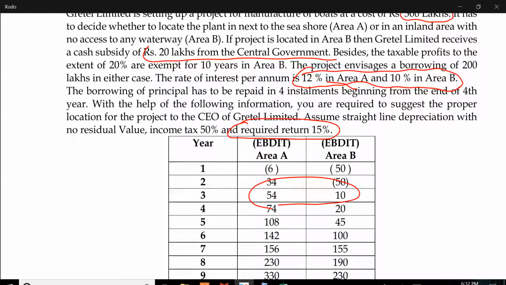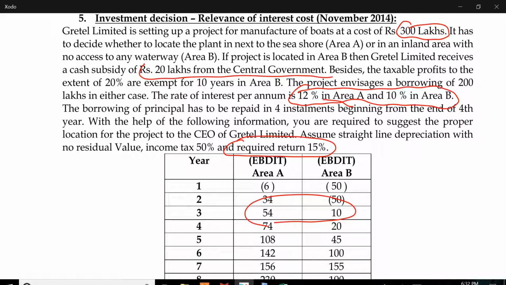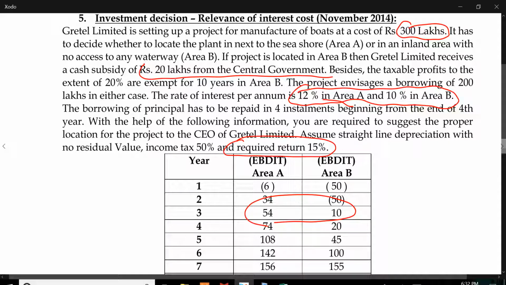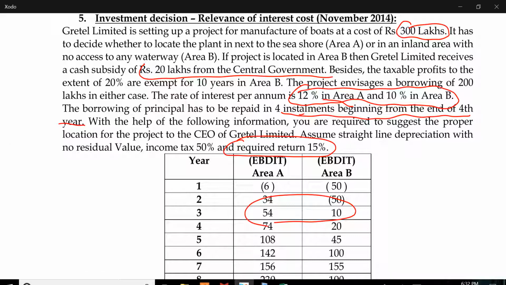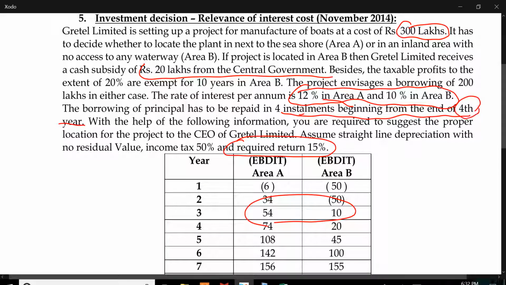Now listen. The borrowing of the principal has to be repaid in 4 installments beginning from the end of 4th year. So for the first year, second year, third year and 4th year, you will pay interest on the entire 200 lakhs, because your repayment will start at the end of 4th year.